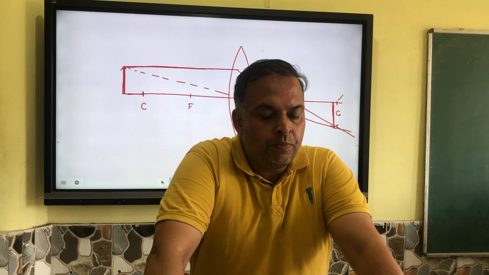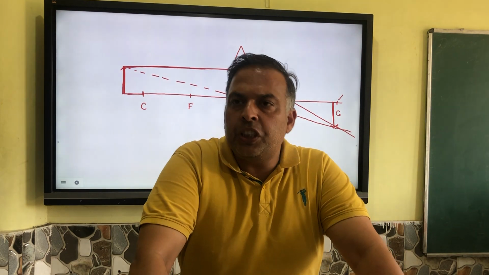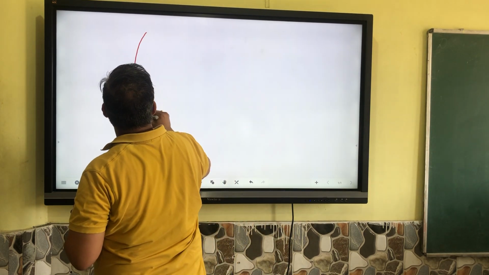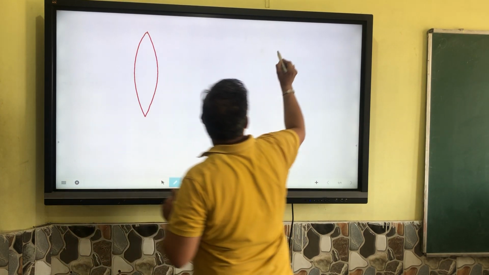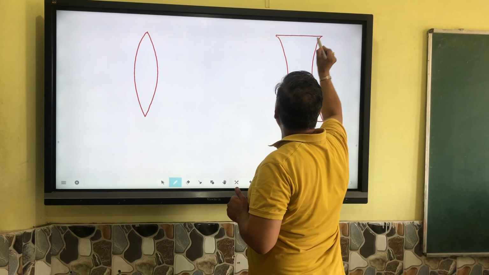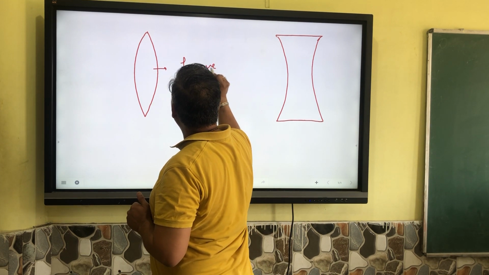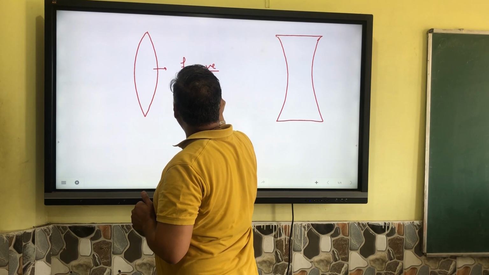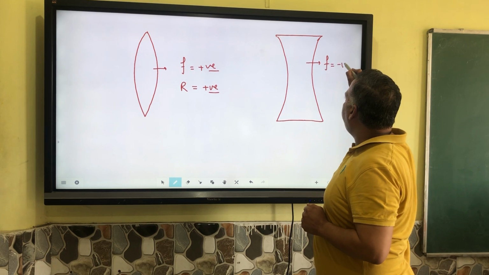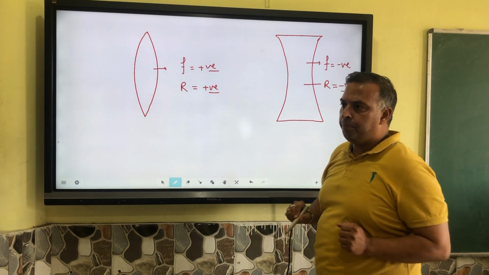Radius of curvature for concave as well as convex. If you see concave and convex, this is biconvex, this is biconcave. Here the focal length is taken to be positive and the radius of curvature is taken to be positive, and here the focal length is negative and the radius of curvature is taken to be negative.